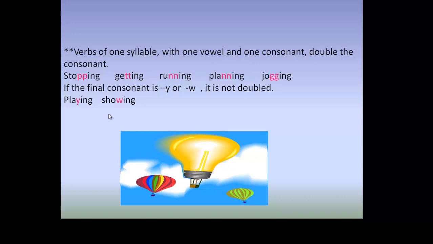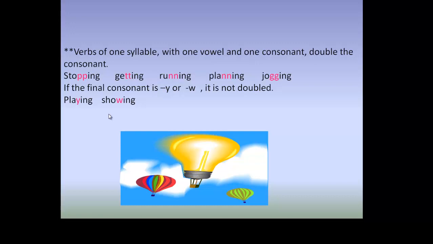Now for verbs of one syllable with one vowel and one consonant, double the consonant, like stop, stopping, get, getting, run, running, plan, planning, jog, jogging. Here we notice that the P, T, N, and G letters are doubled.